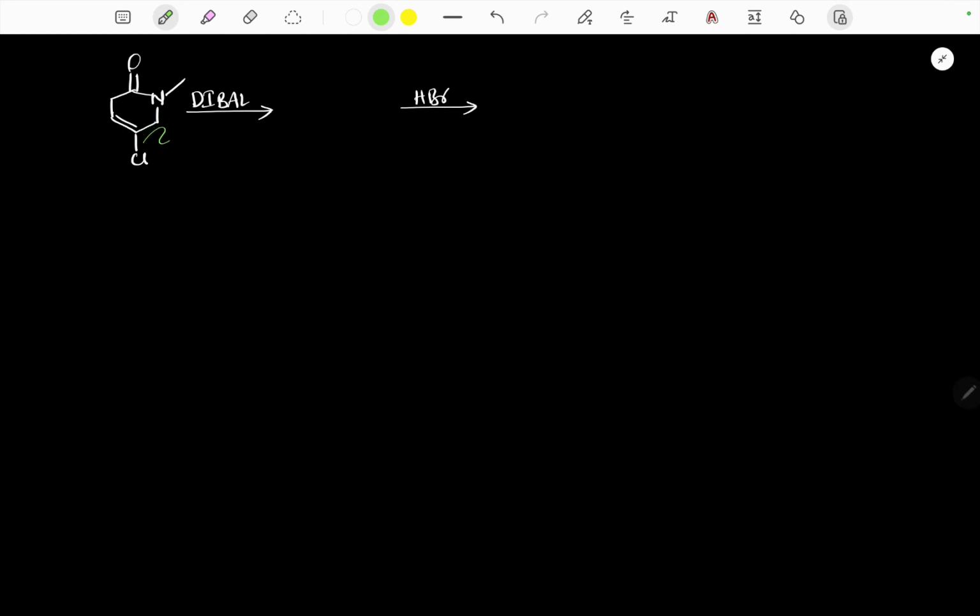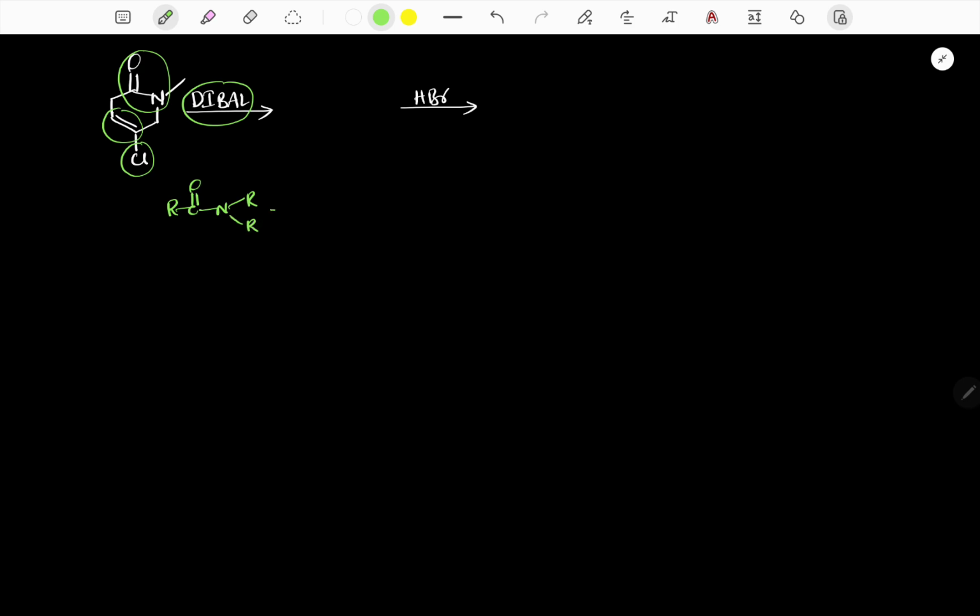The reactant has an alkyl halide functional group, an alkene functional group, and an amide functional group. We know that DIBAL reacts with the tertiary amide, for example RCONR2.